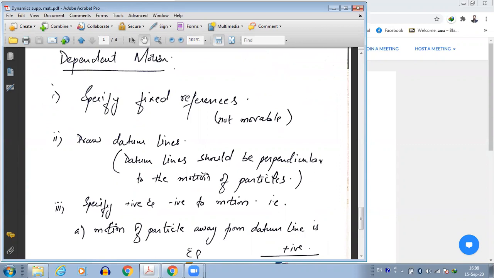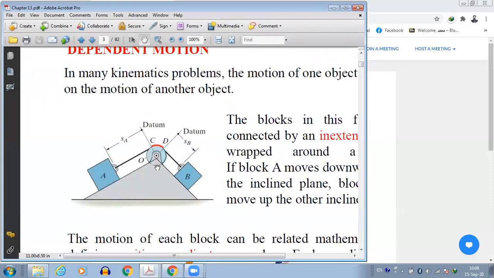You need to specify a reference point for the motion. Now remember, the reference must be fixed, so it should not be movable. So this is point one. For example, if you look here, this pulley could be the fixed reference. The pulley is fixed.